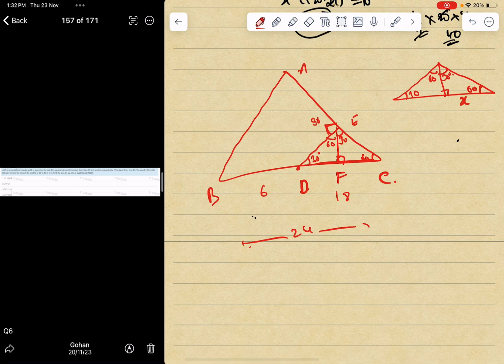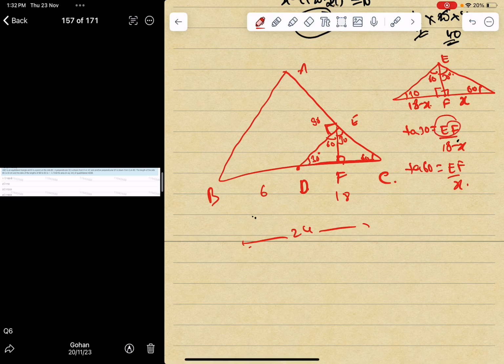We can suppose this side to be x and this to be 18 minus x. So tan 30 is EF by 18 minus x, and also tan 60 is EF by x.